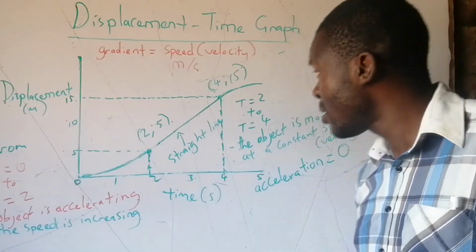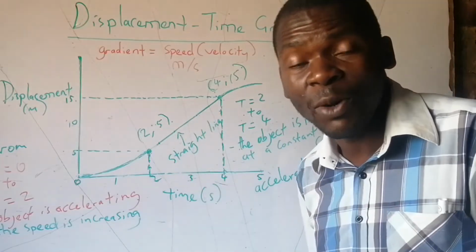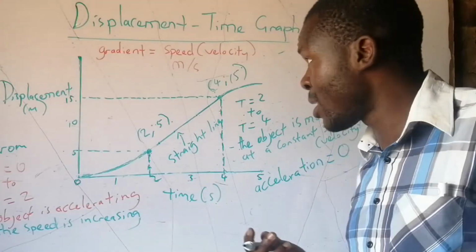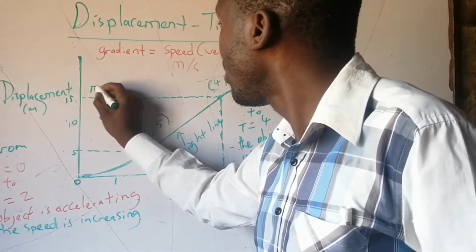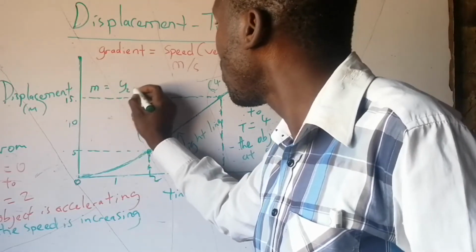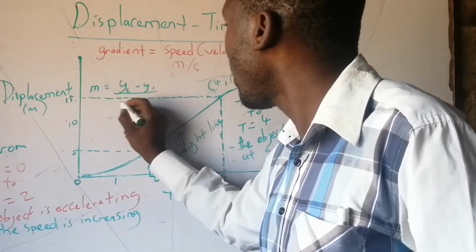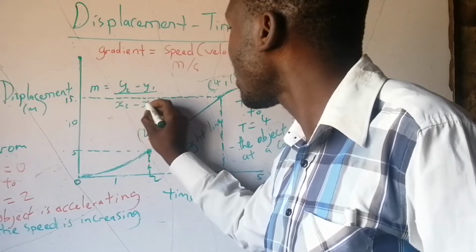To find the speed, just use the formula we use for finding the gradient. We know that m is equal to y2 minus y1 over x2 minus x1.